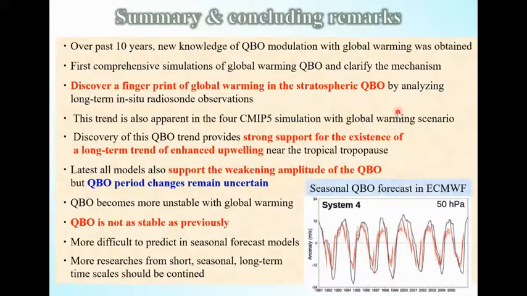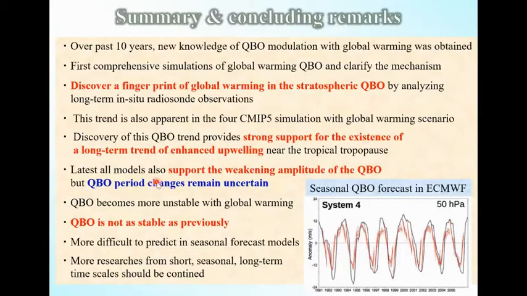And next, I analyzed the long-term radiation observations and discovered a fingerprint of global warming in the tropical stratosphere of the QBO. And this trend is confirmed by the latest simulations. This discovery of the QBO trend provides strong support for the existence of a long-term trend of enhanced tropical upwelling.